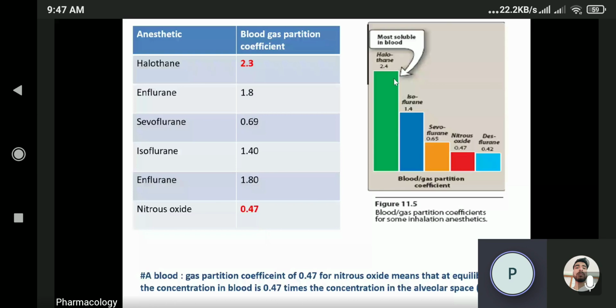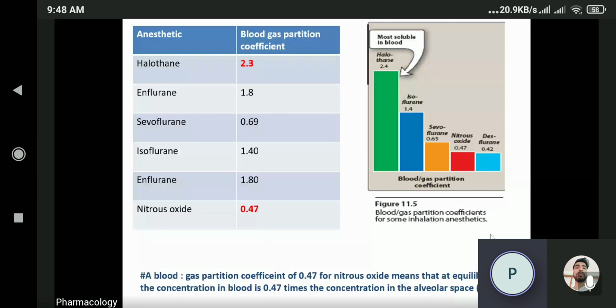To achieve the equilibrium, a steady state or a threshold when the drugs will act, the concentration of halothane in the blood will be 2.4 times that in the gas. So this is a highly soluble gas that will remain in the blood for a longer time, whereas nitrous oxide, to achieve the equilibrium or steady state for onset of action, only requires 0.47 times the value in the blood compared to the gas.